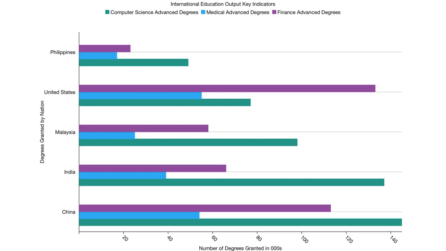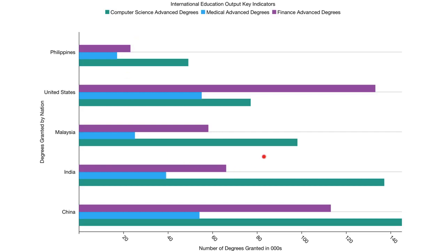You see Malaysia and its output. You see India, its output, and you see China and its output. Okay, and so you see the comparison here. You look down here and you see the numbers, but this is number of degrees granted in thousands. So when you see 20, that's really saying 20,000.